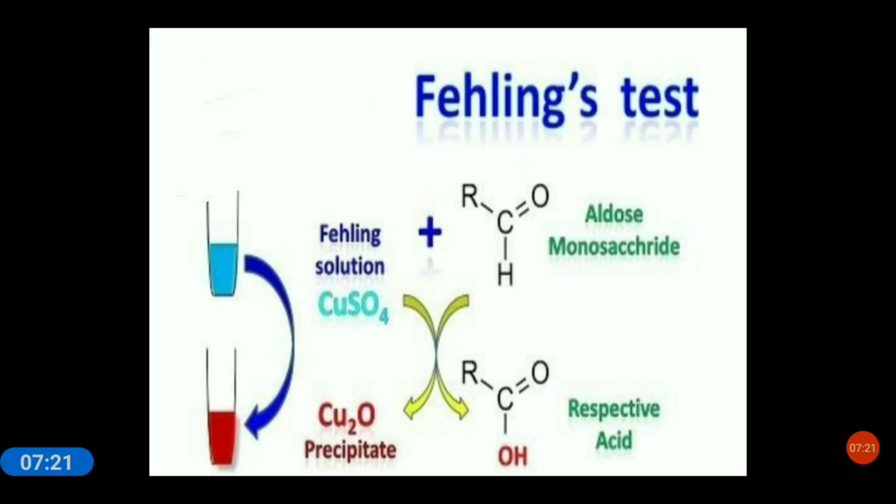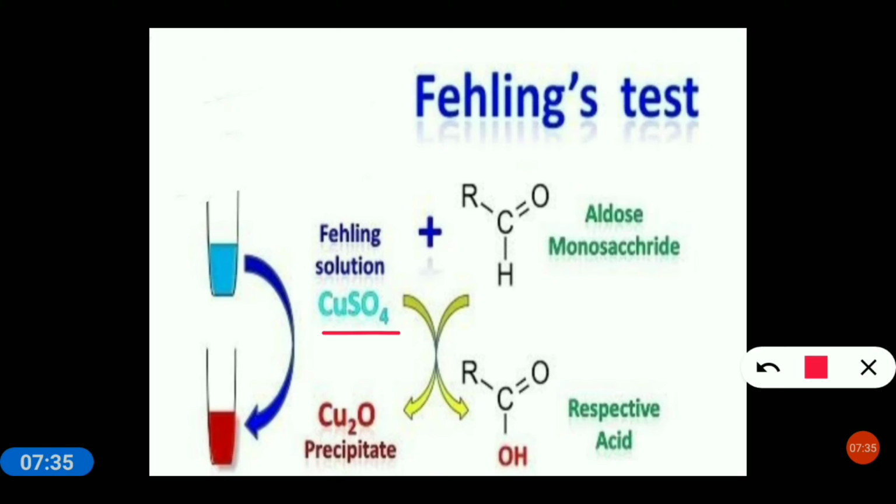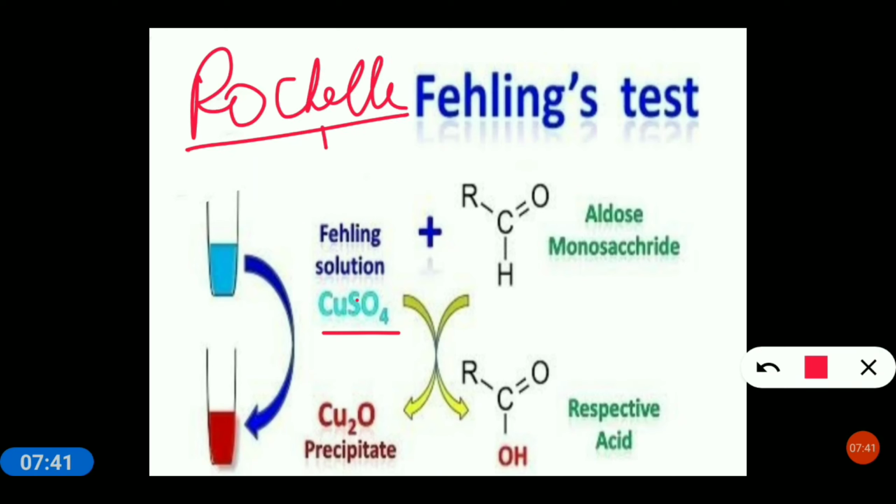Next is the Fehling test. Fehling solution is the alkaline solution of copper sulfate, CuSO4, containing Rochelle salt. Along with copper sulfate, there is addition of Rochelle salt. Rochelle salt is sodium potassium tartrate, and the alkaline solution of Rochelle salt, called Fehling B, is added to Fehling A, copper sulfate.